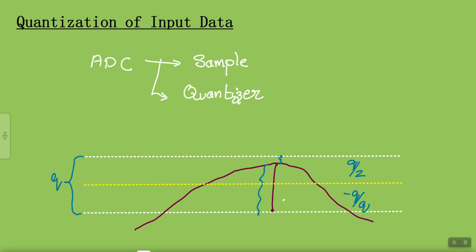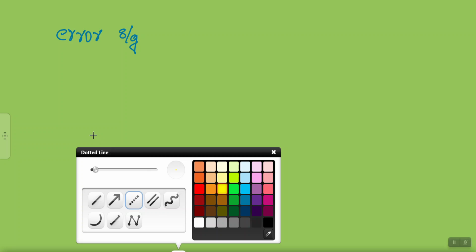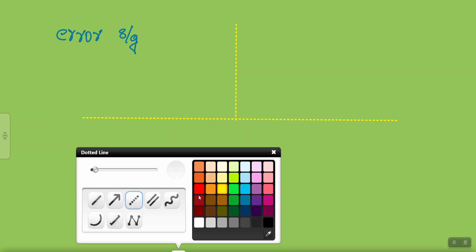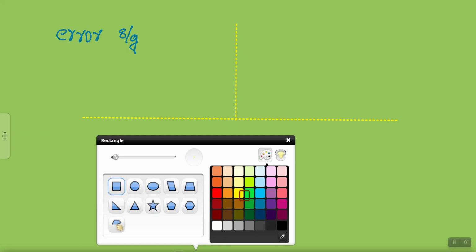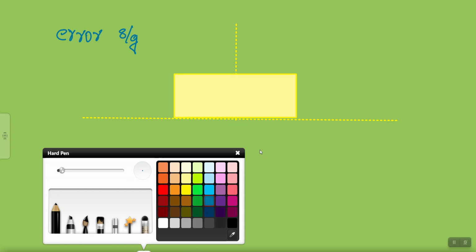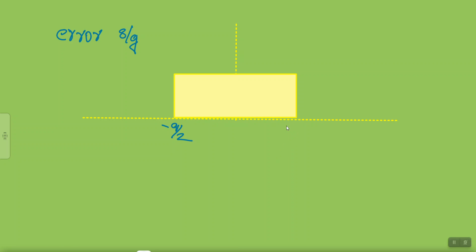So the expected value of the error signal, if the error signal is denoted by e, and the quantization value is, yeah, this is minus q by 2 and plus q by 2.